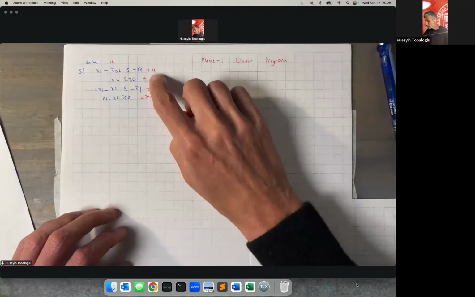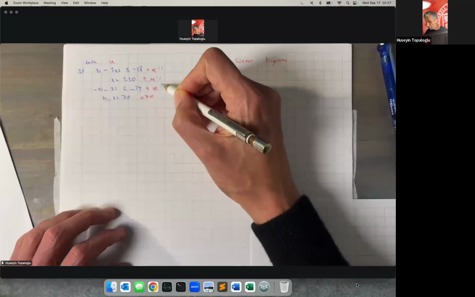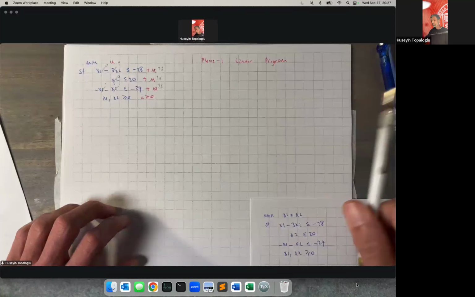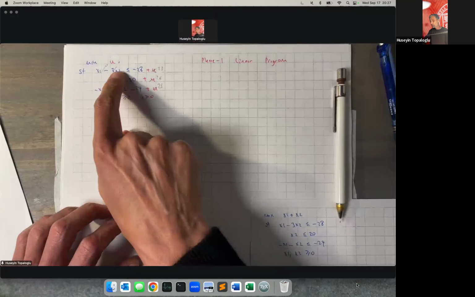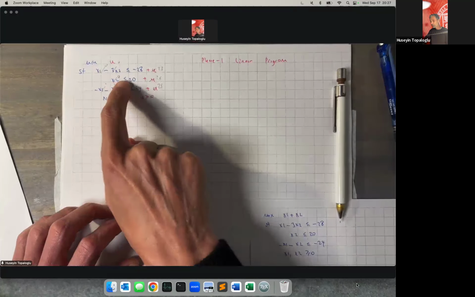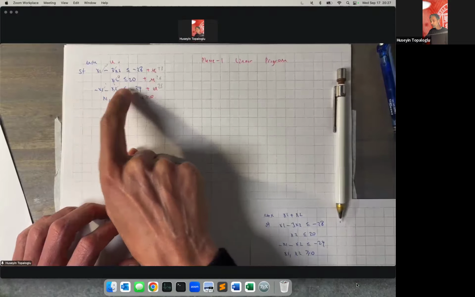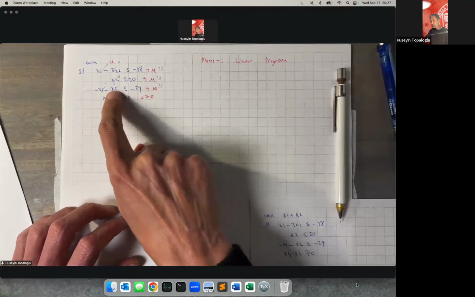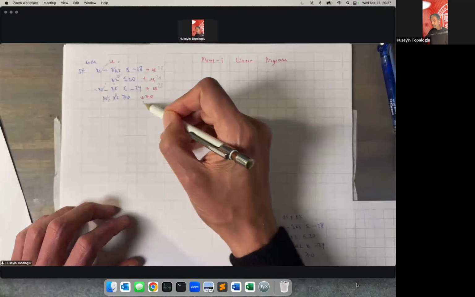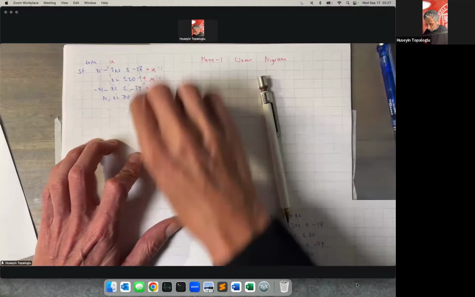For example, if I set u equal to 28, and I set x all to be 0, that would be a feasible solution to the phase-1 linear program. 0 is less than or equal to minus 28 plus 28, so 0 is less than or equal to 0. 0 is less than or equal to 20 plus 28, so 0 is less than or equal to 48. 0 is less than or equal to minus 24 plus 28, so 0 is less than or equal to 4. And x1 is 0, x2 is 0, and u is 28. All are non-negative. So this phase-1 linear program is always feasible.